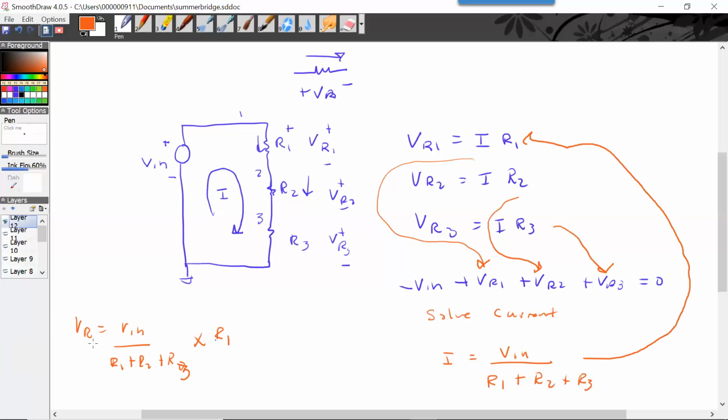And VR2 equals the same scaling, and same with VR3.